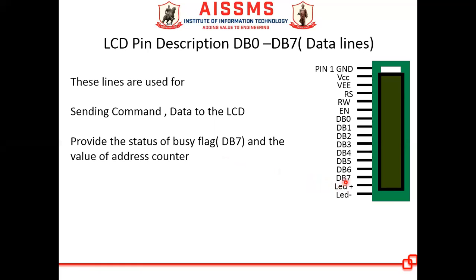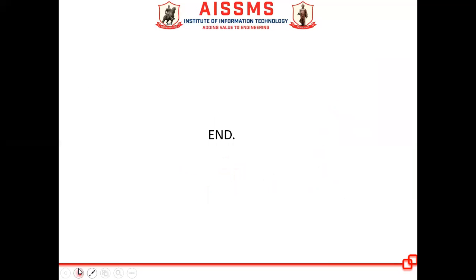Now, busy flag is a status which will indicate whether the LCD is busy with some work or not. And from the lines DB0 to DB6, you can get the value of the address counter. So this is a brief description of the LCD.